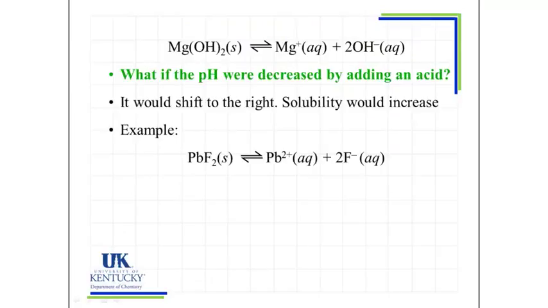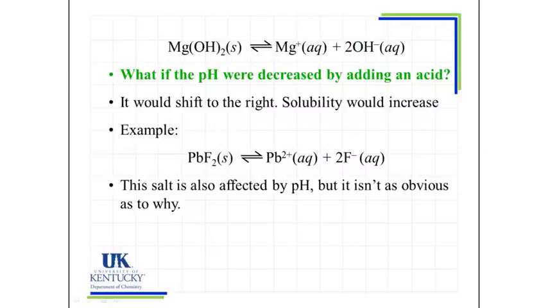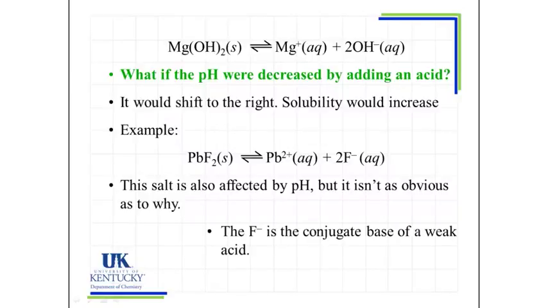Okay, so let's consider another equilibrium. Here is an insoluble salt. For this substance, it might not quite be as obvious as to why the pH would affect the solubility of this salt. But F minus is a conjugate base of a weak acid. Our weak acid, of course, would be HF, and this is the conjugate base of HF.